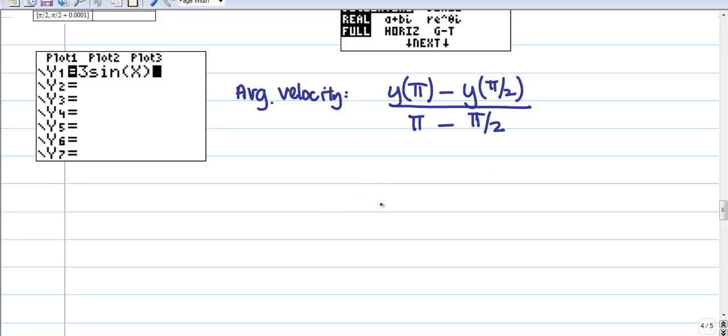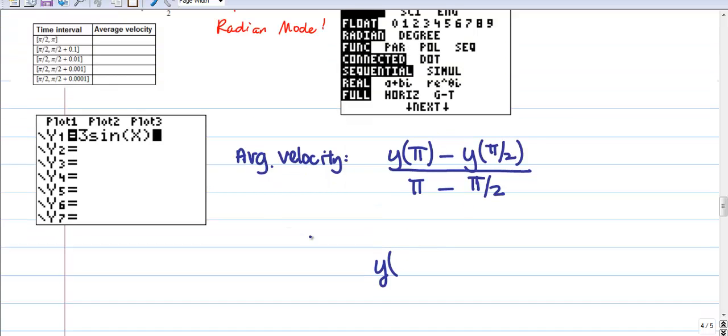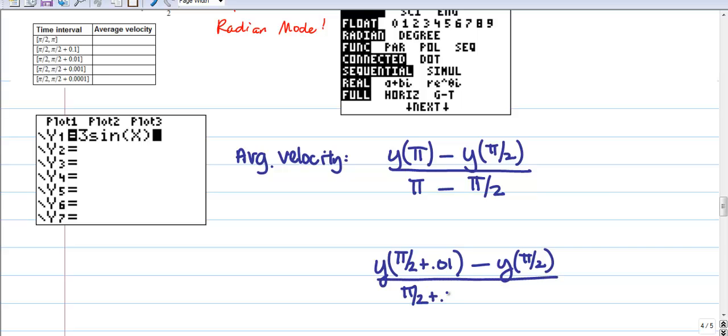And here's something I want you to notice. On the next one, it would be y of pi over 2 plus 0.01 minus y of pi over 2, divided by pi over 2 plus 0.01, 0.1 minus pi over 2. That's what I get for doing this while I'm tired.